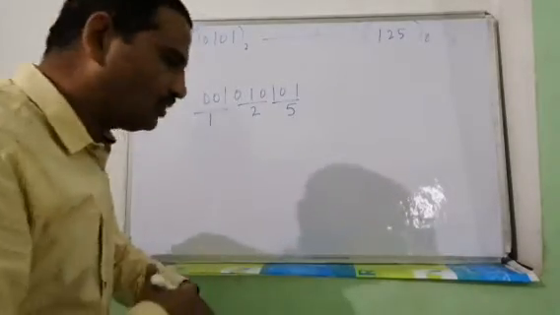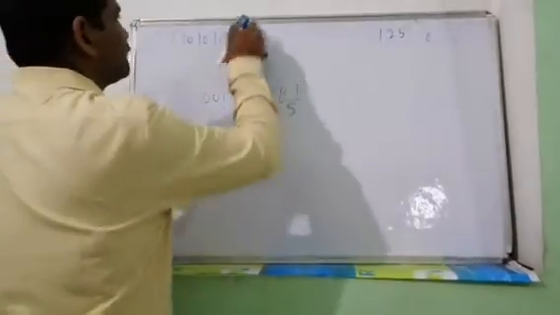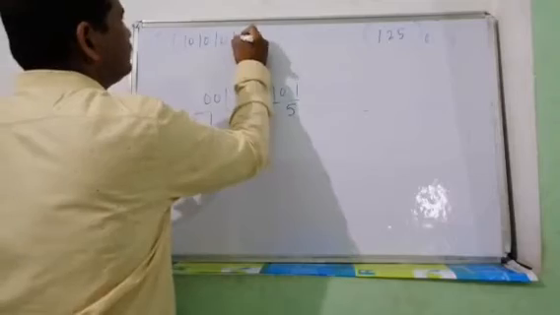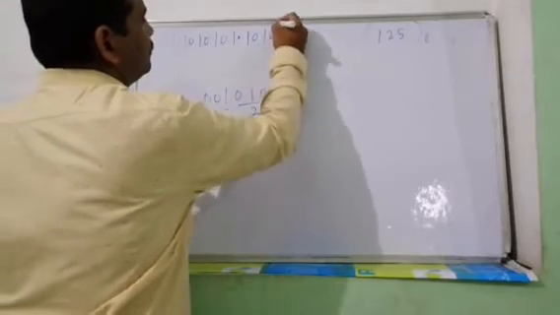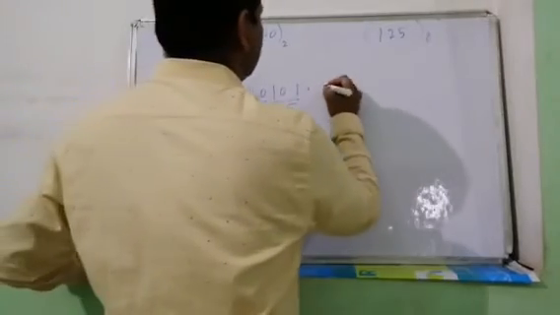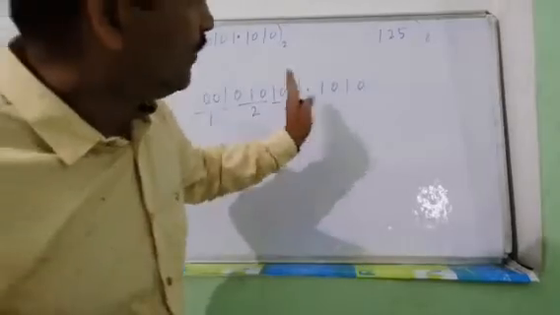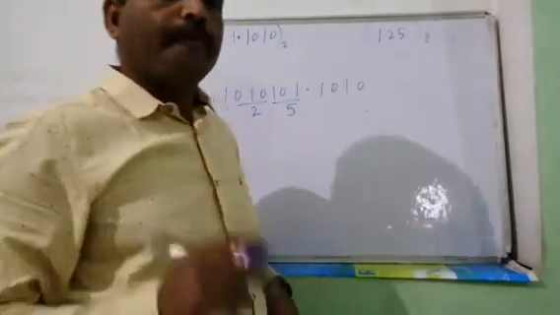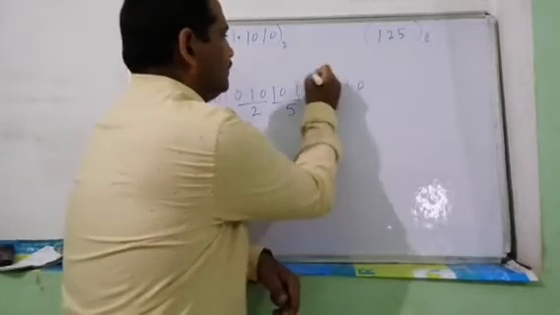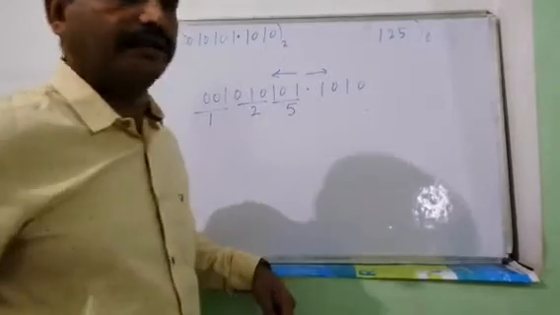If you want to convert a binary fraction to octal, we do it in the same way. Suppose I add some more digits, 1010. After the decimal point we also make groups of 3 digits, but from this side, and before the decimal point from this side.